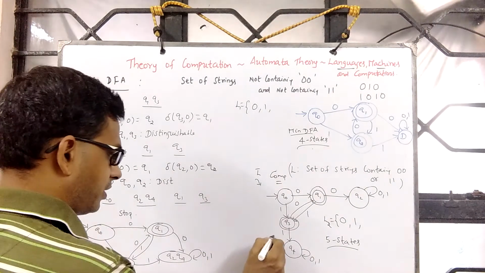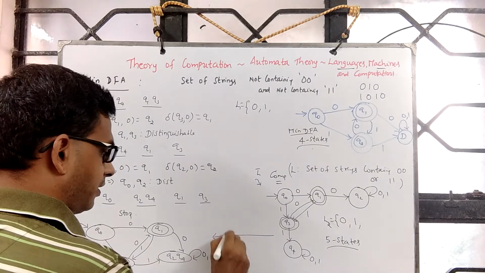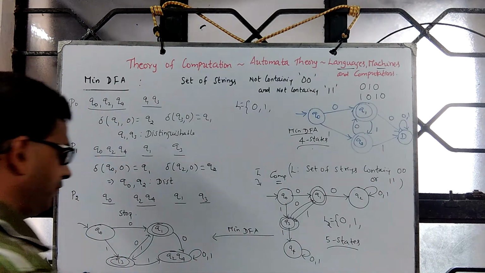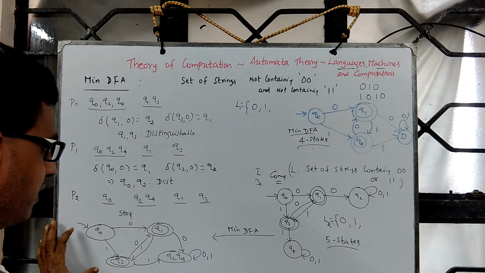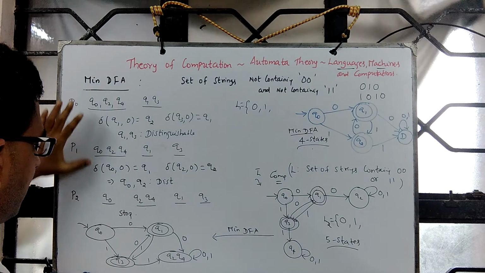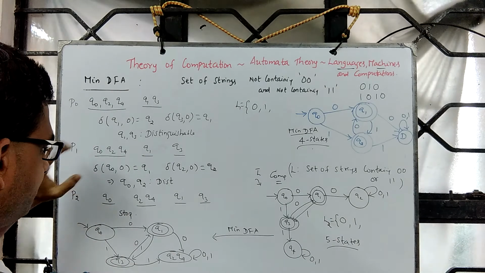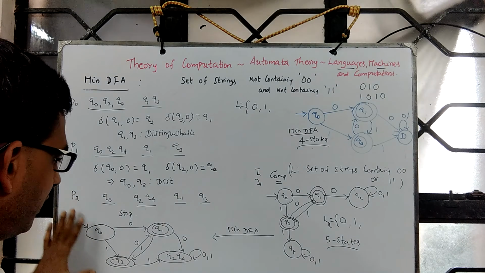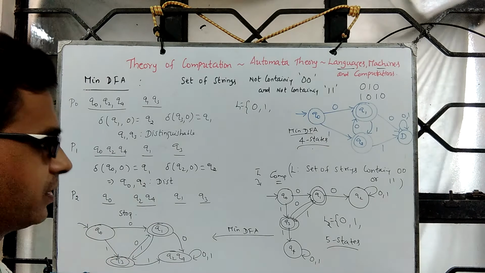So now this automaton, if you apply our procedure, we get a 4-state automaton. We clearly see that they are not minimum. Therefore, the 4-state automaton is minimum and one cannot split this any further.